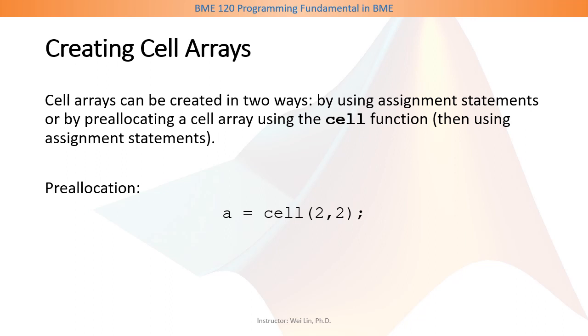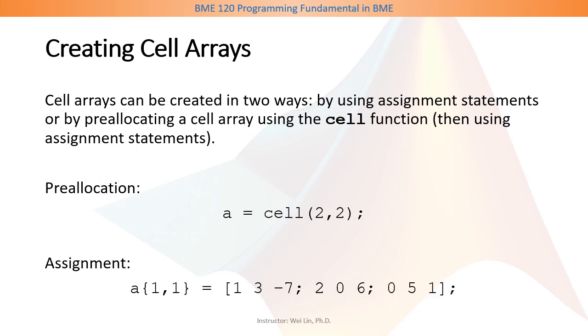This statement creates a 2x2 cell array, and the four data components are empty arrays. Or you can use assignment. This statement assigns the first row, first column cell a two-dimensional numerical array, and that numerical array is a 3x3 array.